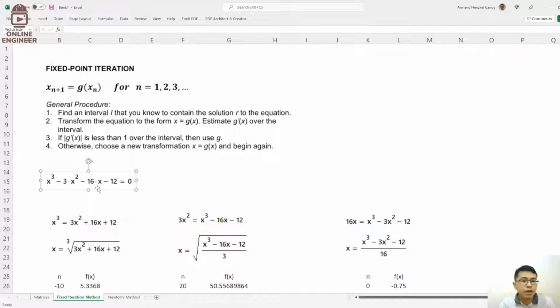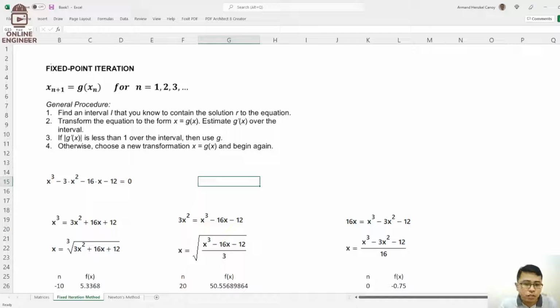So, for example, we have here an algebraic expression, x cubed minus 3x squared minus 16x minus 12. So it's a cubic equation. So it's x cubed. It means we could be having how many roots? We have 3 expected roots for this particular equation.